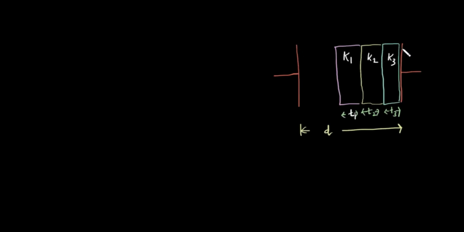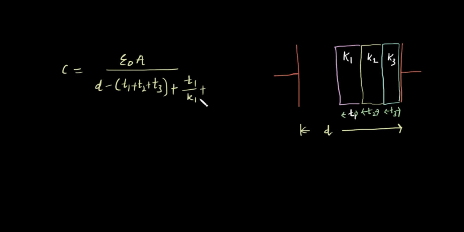If these two are the plates of the capacitor and the distance between the plates is D, and dielectrics of constant K1 with thickness T1, K2 with thickness T2, and K3 with thickness T3 are kept like this, then the capacitance is C equal to epsilon naught A by D minus T1 plus T2 plus T3, plus T1 by K1 plus T2 by K2 plus T3 by K3.